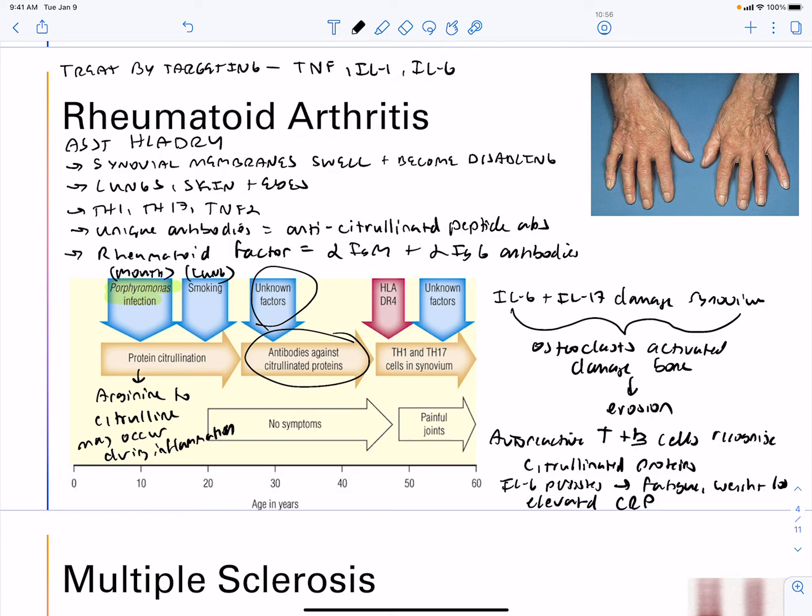And then if you have the particular HLA phenotype plus other factors, this can lead to Th1 and Th17 cells in the synovium, and this can lead to the symptoms of the actual disease. It's thought that about 1% of the population in the United States suffers from rheumatoid arthritis.